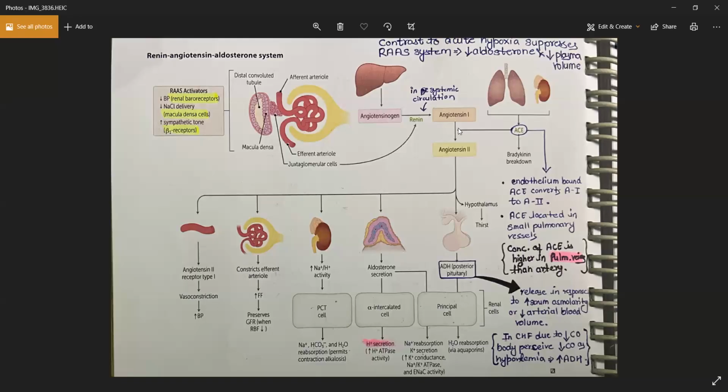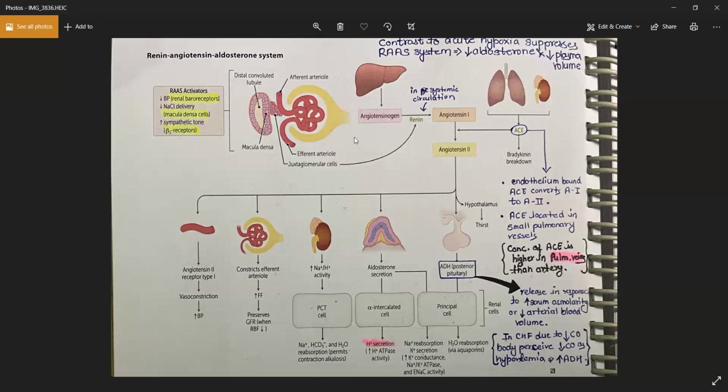Is that okay? Yes. Third is the aldosterone. Now let's talk about the aldosterone. You have two ways by which you can activate the aldosterone. One is, of course, the RAS. These three ways, low BP, low sodium delivery, and high sympathetic tone, can cause activation of aldosterone via the RAS pathway. And second is the potassium levels.